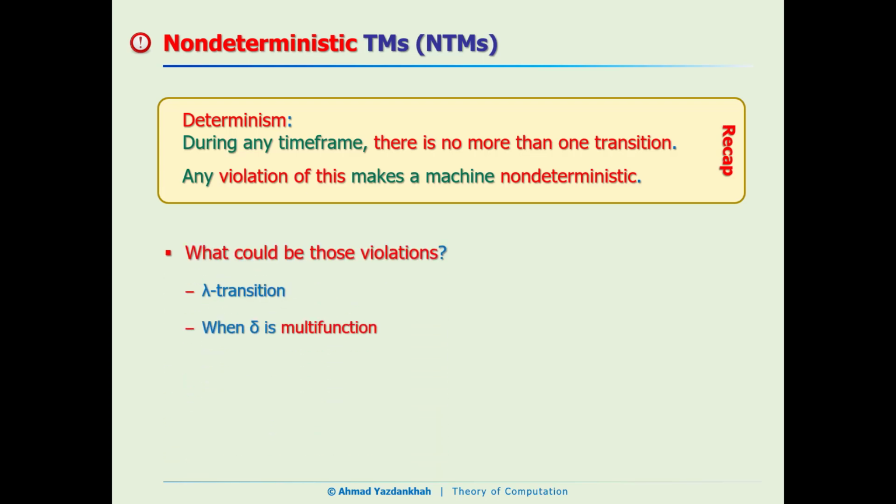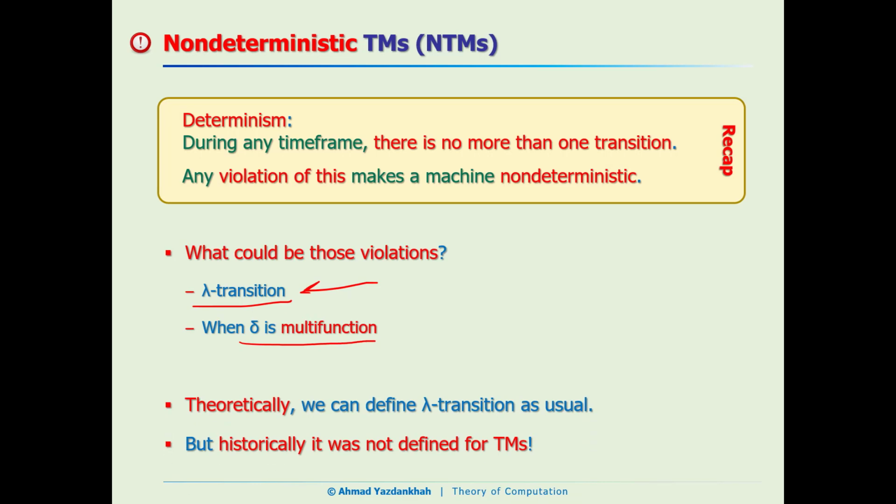We already know that we have two ways: lambda transition and having a multifunction. But even though theoretically we can define lambda transition for the Turing machine, historically they didn't do that, probably for some reasons. So we don't have lambda transition for the Turing machine at all.